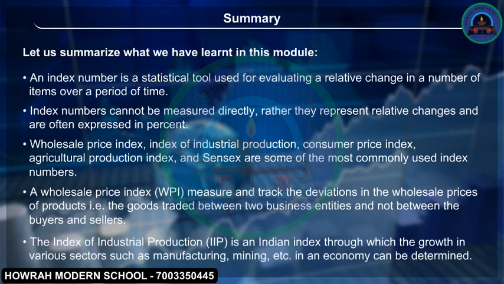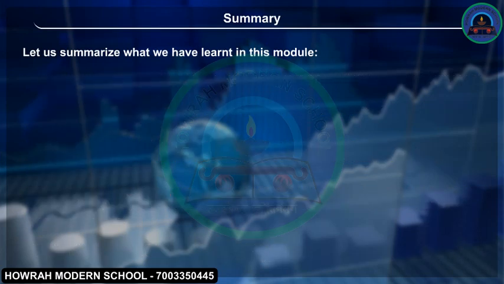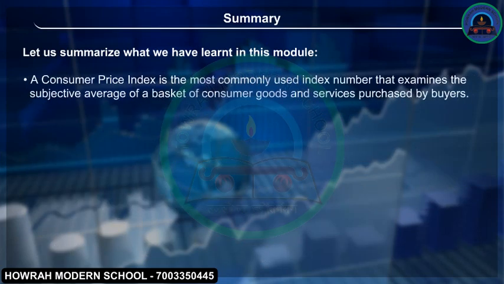The Index of Industrial Production (IIP) is an Indian index through which the growth in various sectors such as manufacturing, mining, etc. in an economy can be determined. A Consumer Price Index is the most commonly used index number that examines the subjective average of a basket of consumer goods and services purchased by buyers.